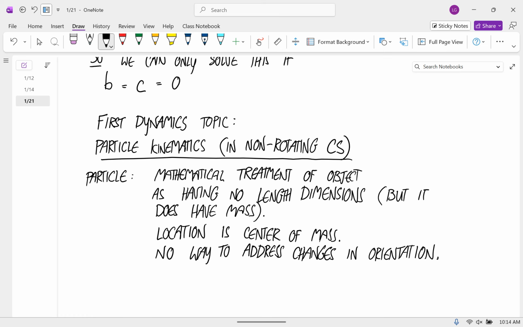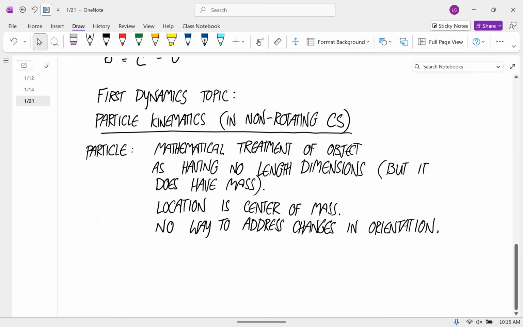And we'll see when we get to kinetics that what that means is there won't be any use for moments when we're talking about particles.